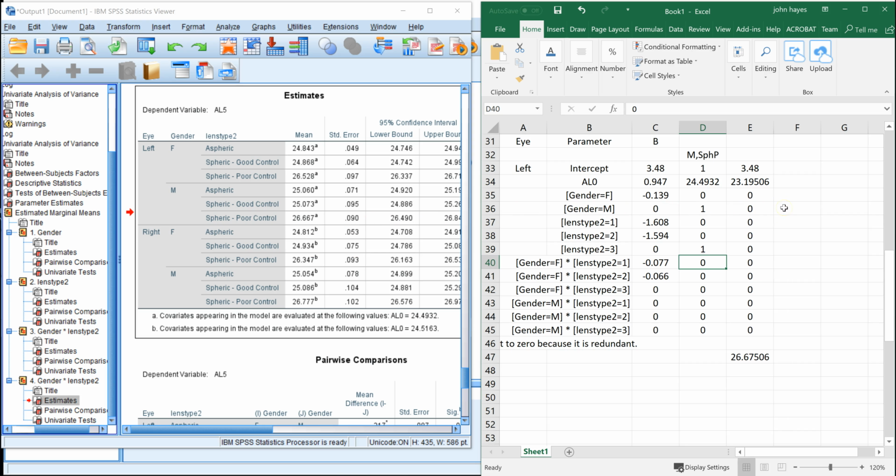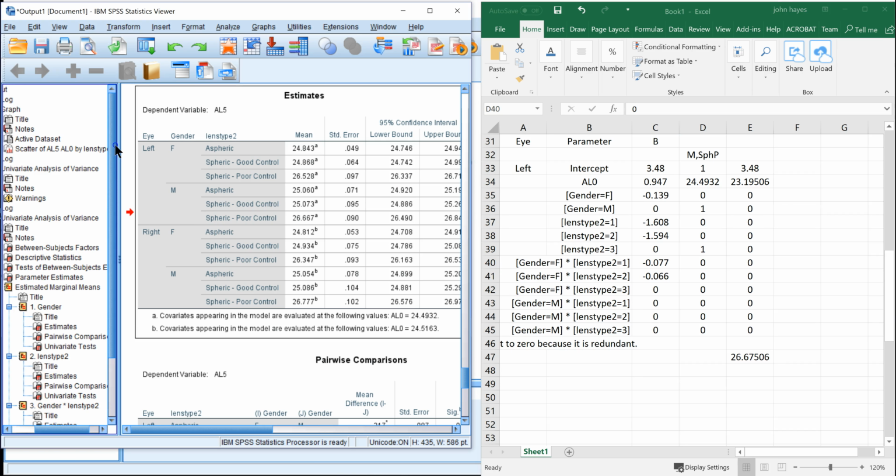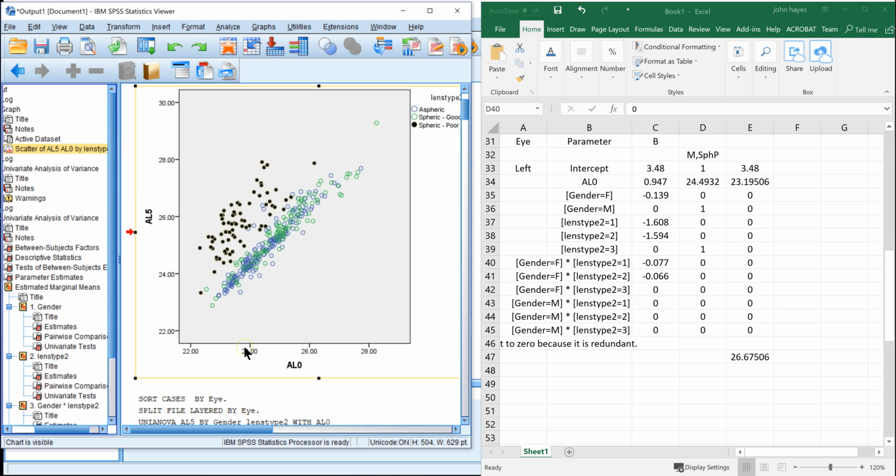Now, one of the things about this is if we look at our graph, what if a person starts out pretty good, and let's say we want to know what is their predicted value in each of these groups if their axial length was really 23. Well, we can easily change that.